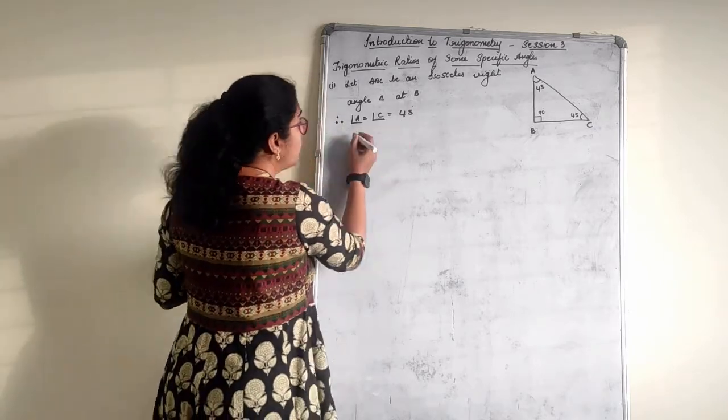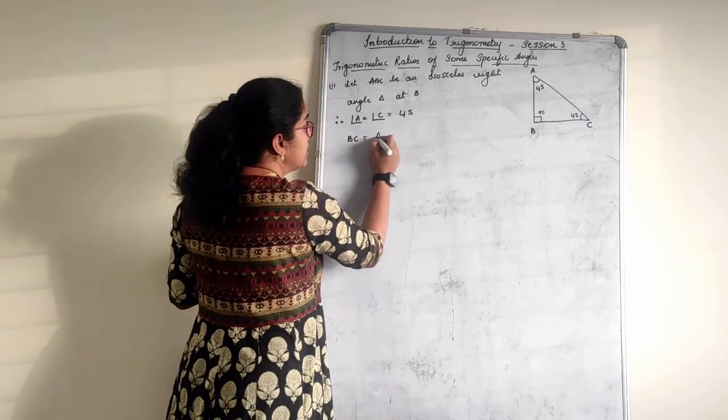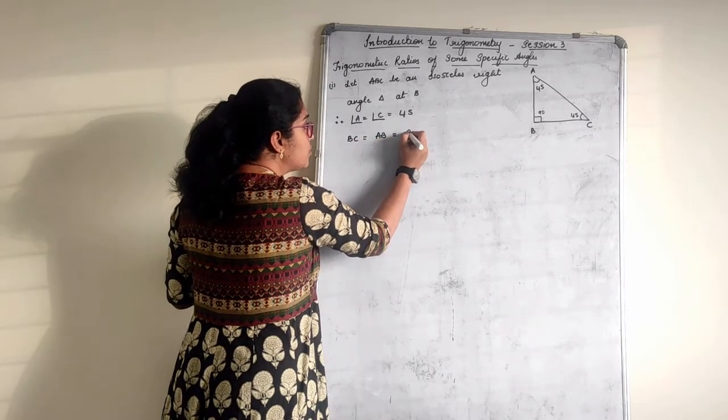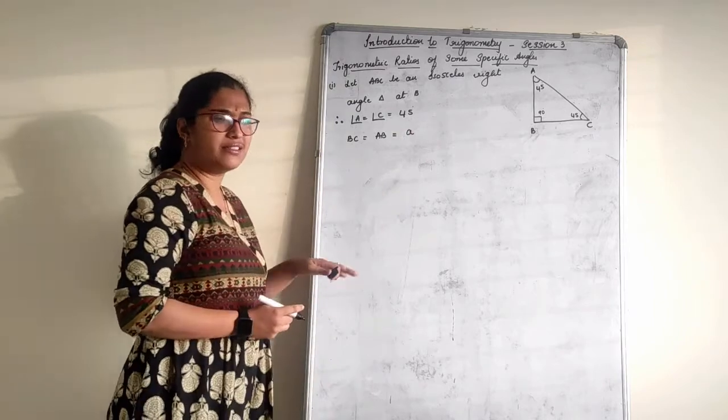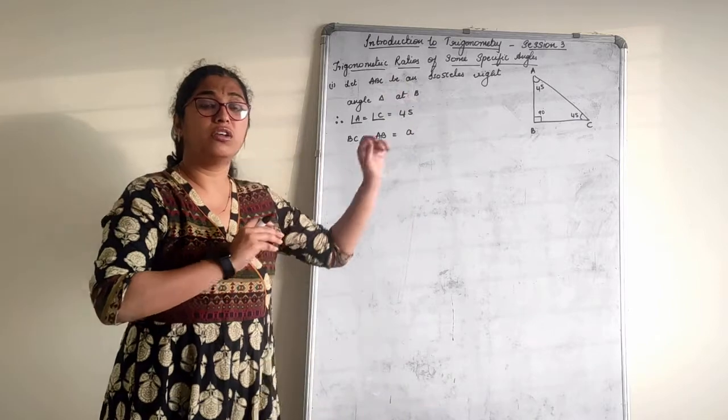For angle A, what is the side? BC. And for angle C, the side AB is equal to a. Reason not required, we know that sides opposite to equal angles are equal. If you want, you can write that.